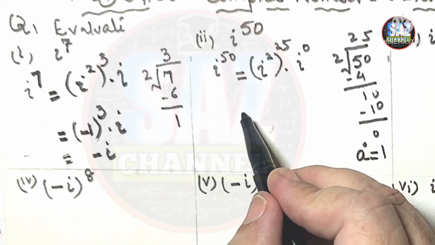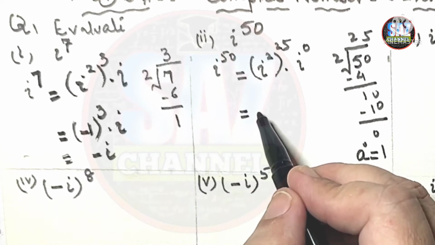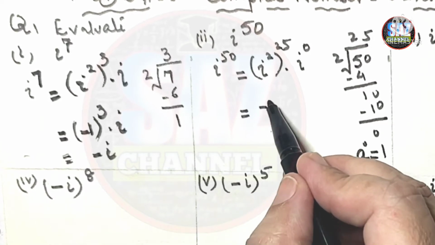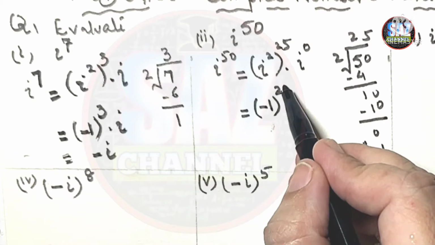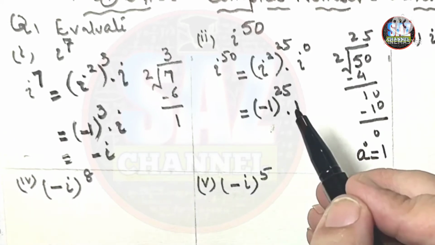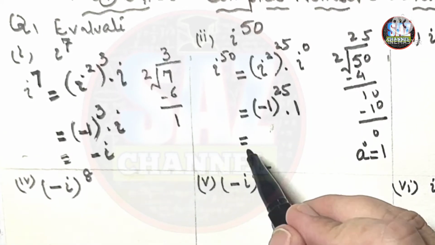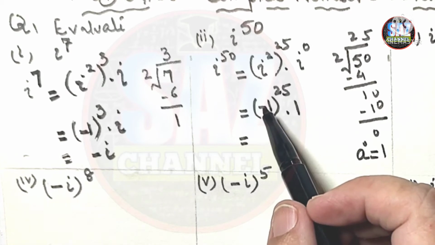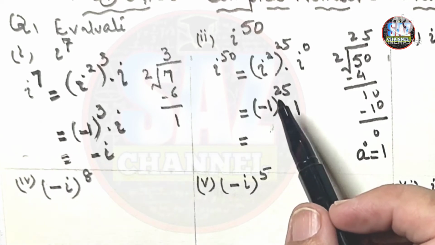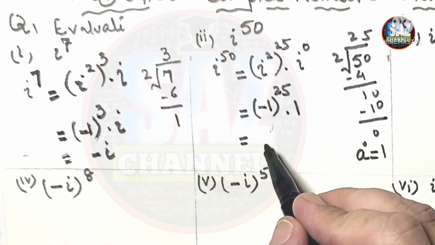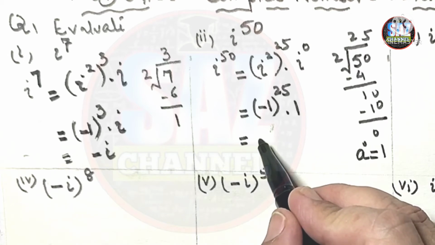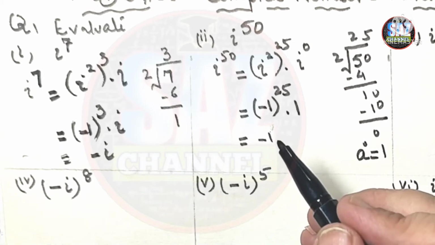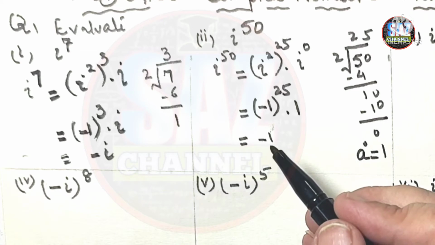Now the value of iota square is -1, raised to power 25, dot 1, and the odd power of a negative number will give us what answer? That will be minus. So iota raised to power 50 will be equal to -1.